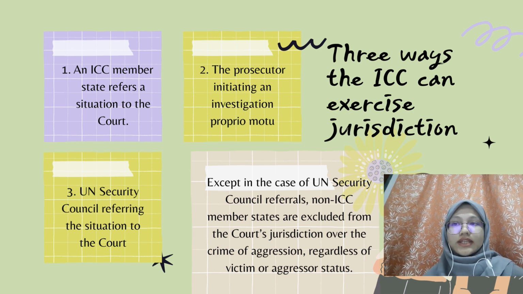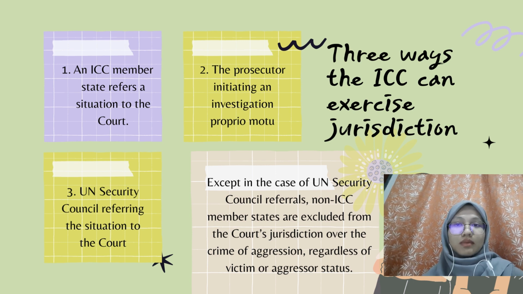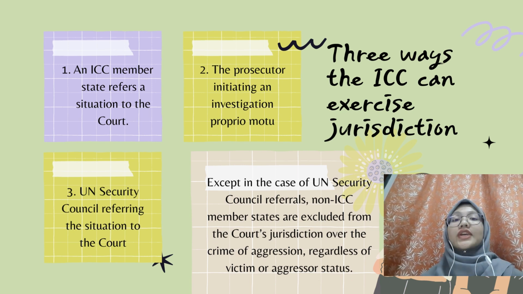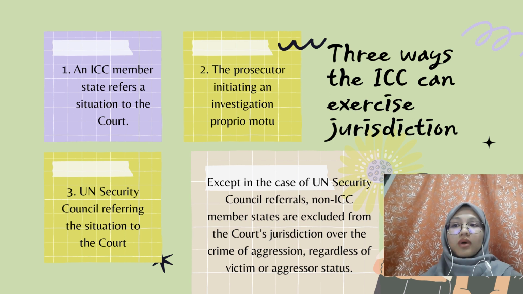And the third one is the UN Security Council referring the situation to the court. Except in the case of a UN Security Council referral, non-ICC member states are excluded from the court's jurisdiction over the crime of aggression, regardless of victim or aggressor status.